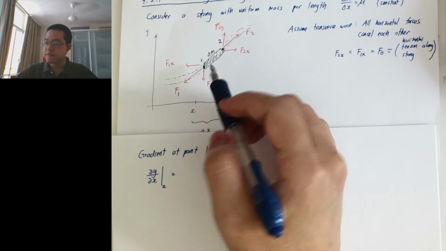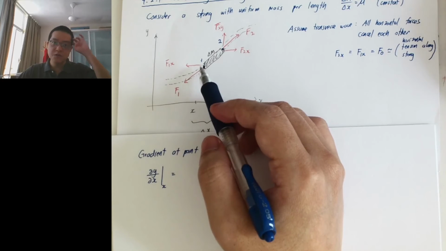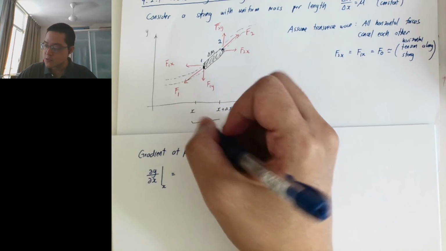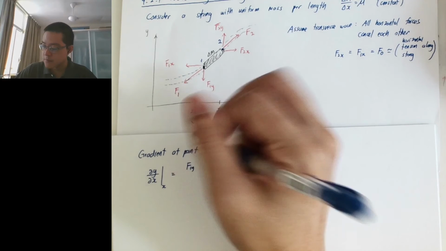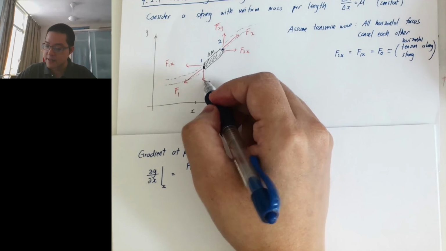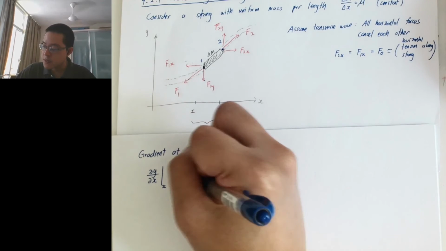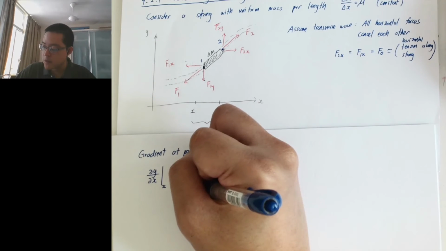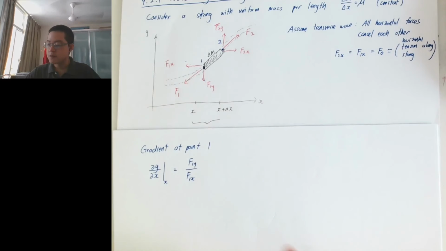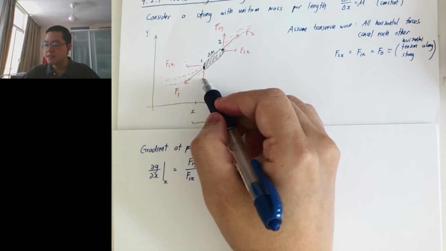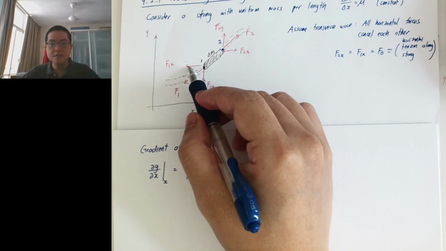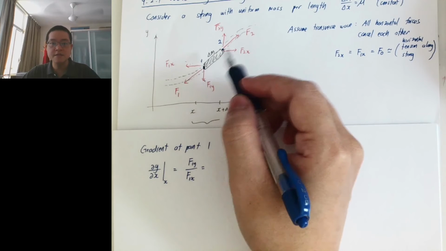By congruence of the triangle, the gradient is this height divided by this height, so F1y over F1x in magnitude.